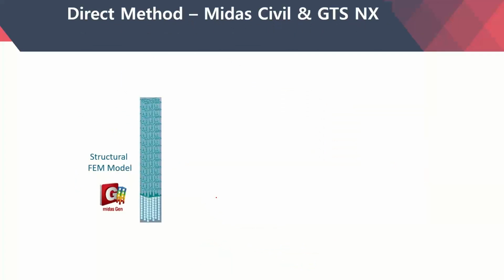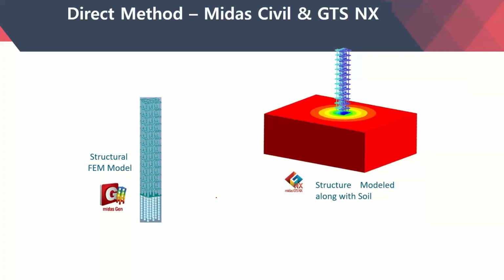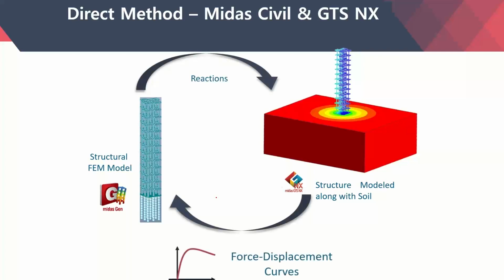Otherwise, the same thing is also applicable for Midas Gen. Let's say if you have a Gen structural model for a building along with piles like this, you can import that into GTS NX along with all the forces or reactions like this, and then you can export the force displacement curves back to Gen and look for the actual graphical output in there.